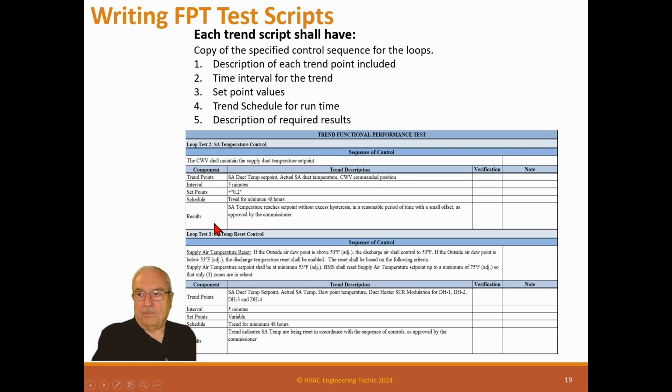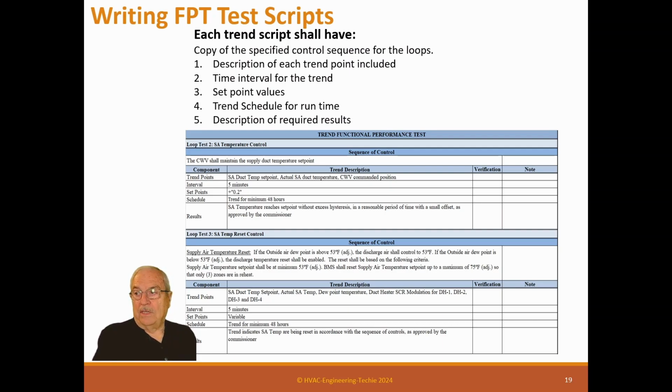Now here's what's important. Results. A lot of commissioners write pass-fail criteria because they're not actually doing the trends, so they want the control guy to say it's pass or fail. But I don't like doing that very much because to create pass-fail criteria, you can actually get yourself in trouble where it can't possibly pass, so you need to do it differently.